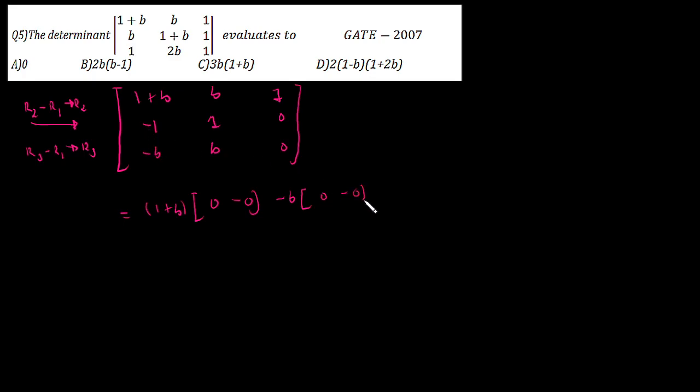Again the entries are all 0. Now the last entry will be 1 multiplied with the determinant of this second order minor. So here minus b, again minus b, and we have to put the minus in between, so it will be plus b. Now this minus b cancels with this plus b, so again the determinant is equal to 0. So the value of the determinant for this matrix is simply 0.